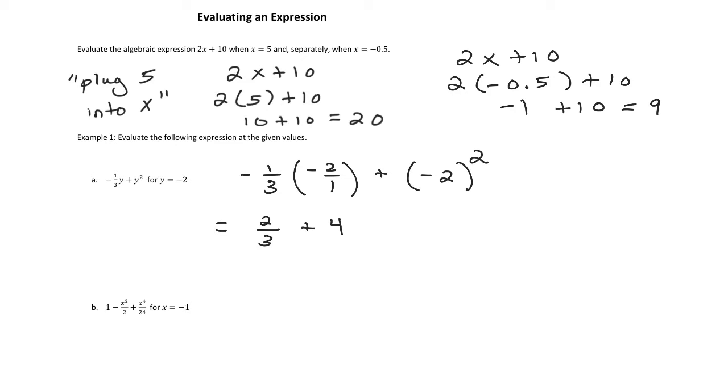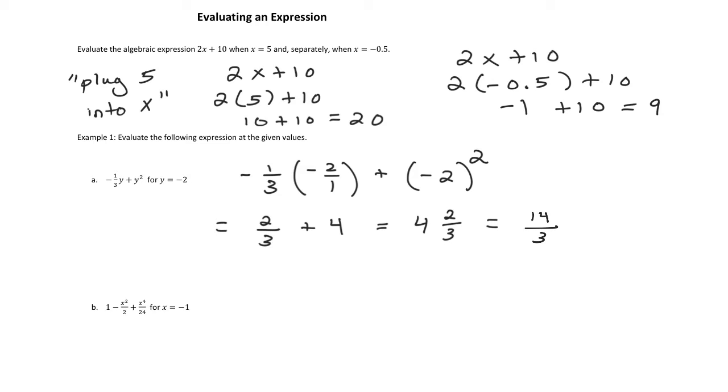You could just write the answer as 4 2/3 if you want to leave it as a mixed number. But you could also write this as an improper fraction. That would be 4 times 3 is 12, and 2 more is 14. So this is also 14/3.